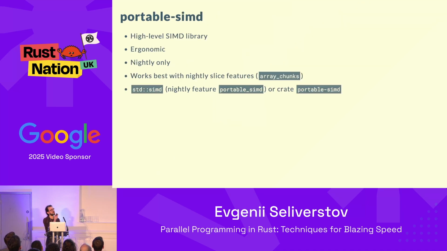And if you need to go in a more abstract way, you can use portable SIMD. Portable SIMD is great, but it is included as std::simd. So it means we have a pretty good chance to have it in the standard library soon. Currently it works best with advanced stuff from the Rust library like chunking, and it's much more ergonomic, but unfortunately it's nightly only.